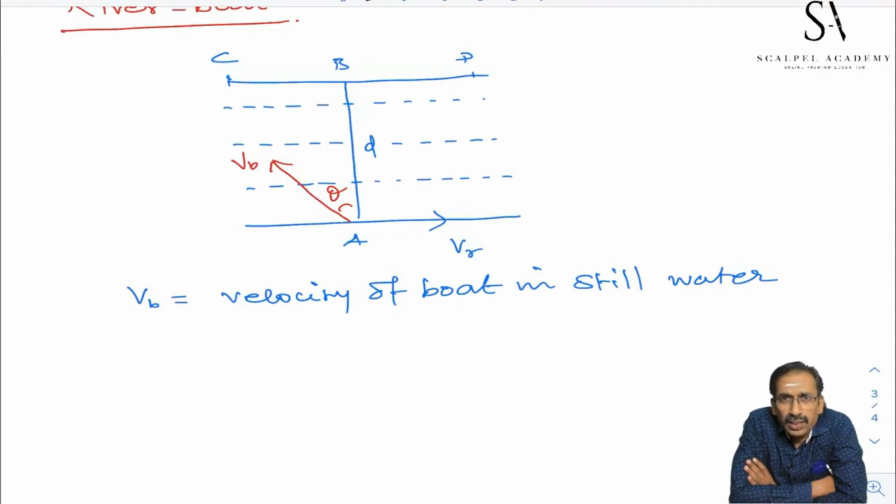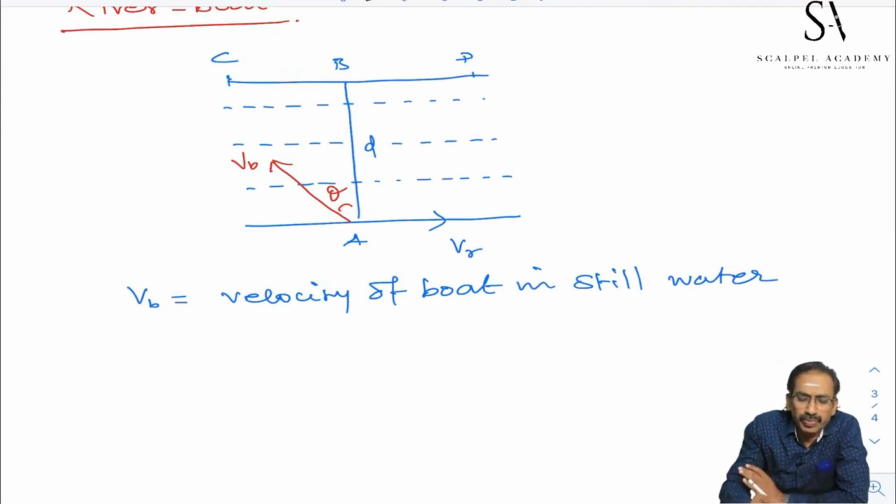This boat is rowed at an angle theta with the vertical, the shortest path AB, in the upstream direction. Okay. This velocity can be resolved into two components. One is Vb cos theta, another one is Vb sin theta.